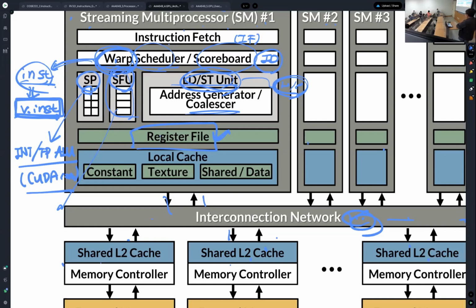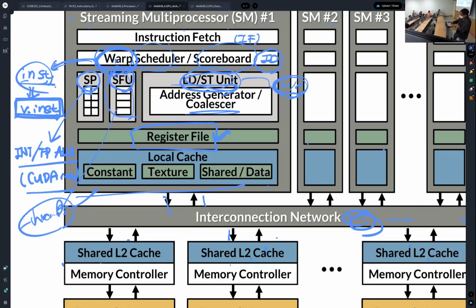But the feature of GPU is that it has a very large register file. Why? Because GPU supports hundreds of threads on an SM.